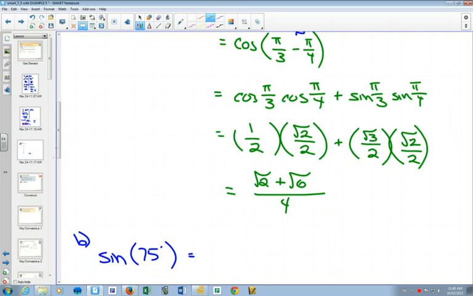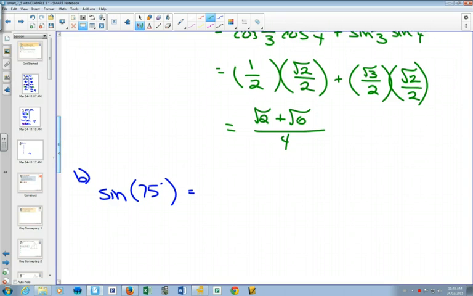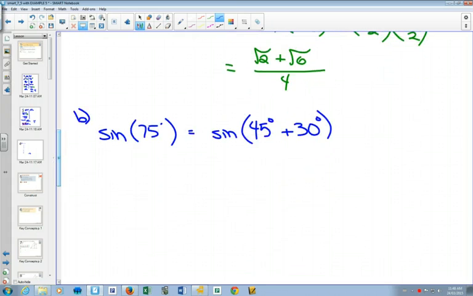You can do the same thing in degrees. Now, thinking about your pi plate in degrees, can you think of a way that you could get 75 degrees? 45 plus 30, okay? So the first step we do is we rewrite it, 45 degrees plus 30 degrees. Working from that, this is my alpha, this is my beta.